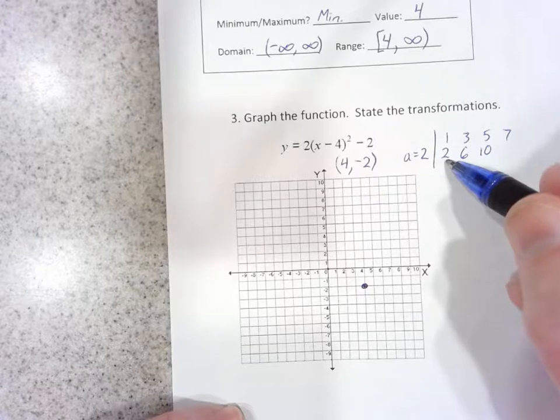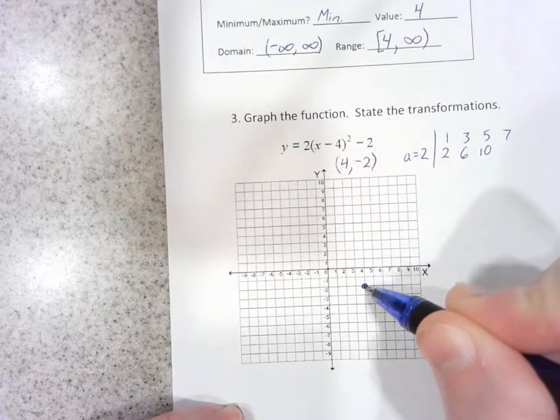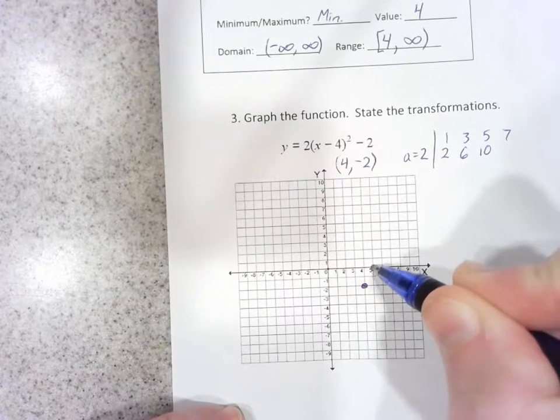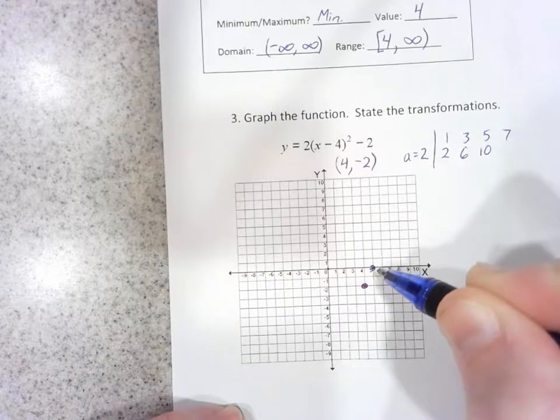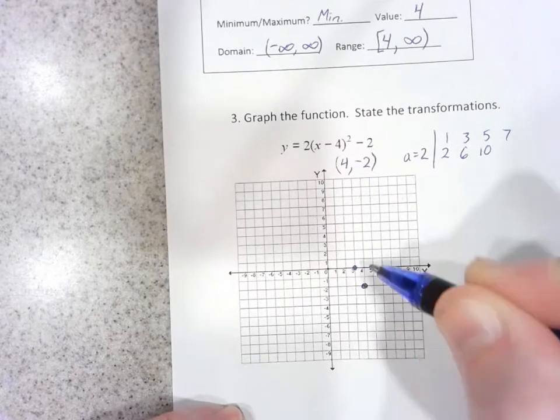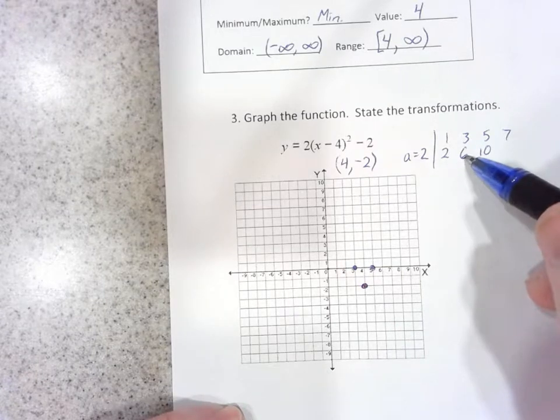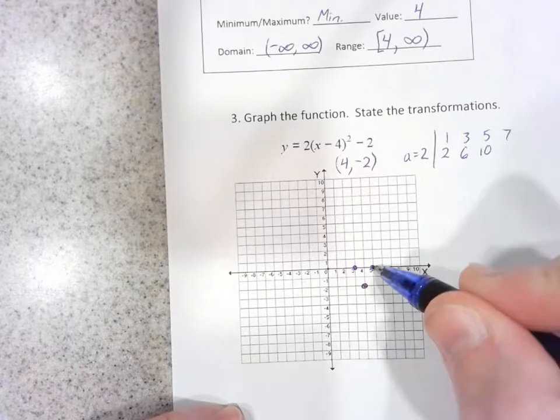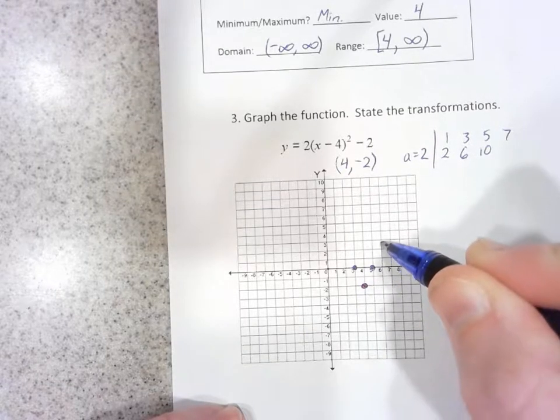So I'm going to go up 2, right 1, up 2. Left 1, up 2. The next number is a 6. So the next time I go over 1, I'm going to go up 6. So from here I'm going to go right 1, up 1, 2, 3, 4, 5, 6.